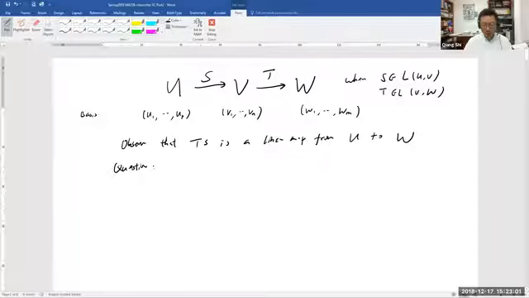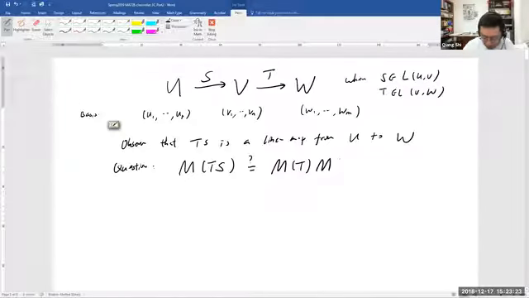With this new linear map there is an associated matrix, the matrix of TS. Then the question is, is this actually equal to the matrix of T times the matrix of S?